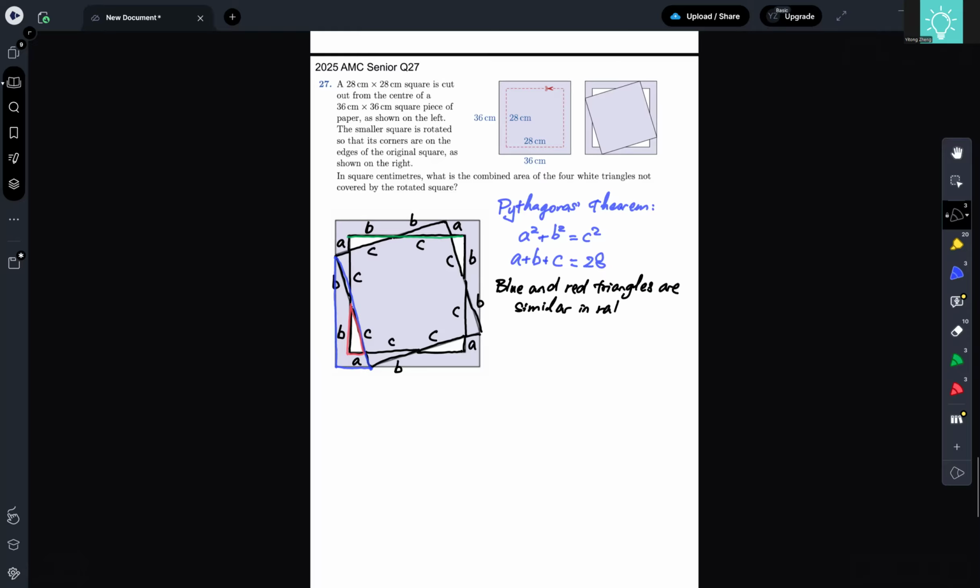And what is the ratio of their sides? Well, the blue triangle, the hypotenuse is A plus B plus C. And the red triangle, the hypotenuse here is just C. So this is the hypotenuse of the triangle.